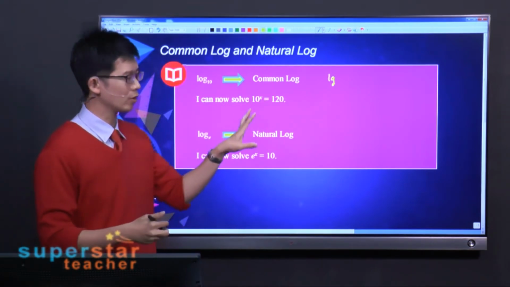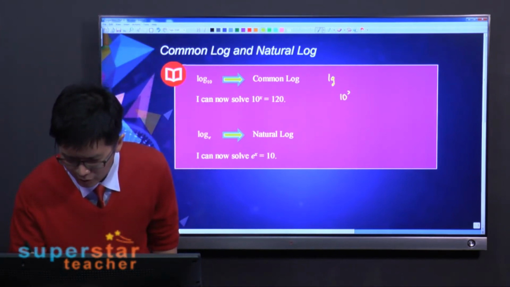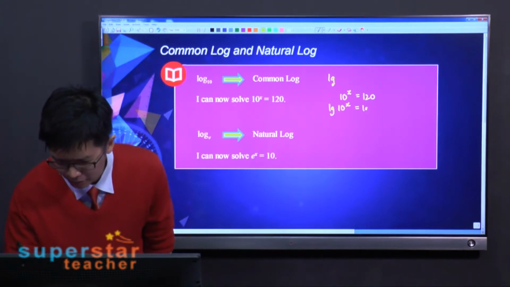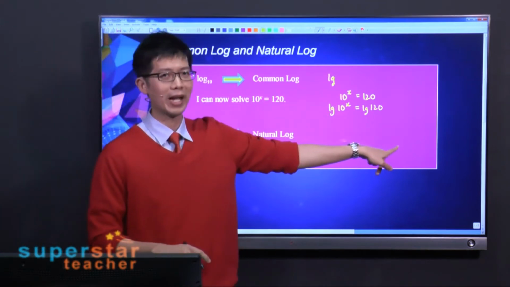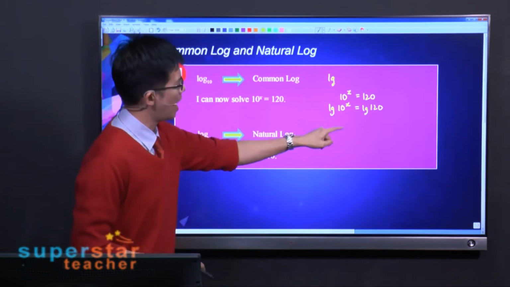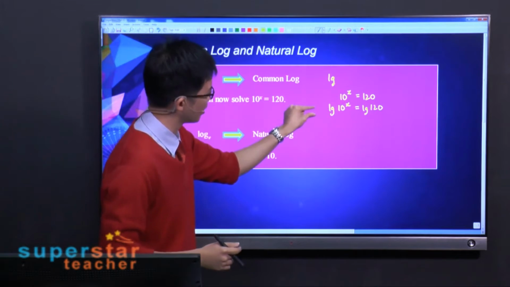Remember that one of the things we learned is that we are able to log both sides. If I log both sides, they are still equal, because they are equal in the first place. And by the power law, with log of a power, I can bring down the power.